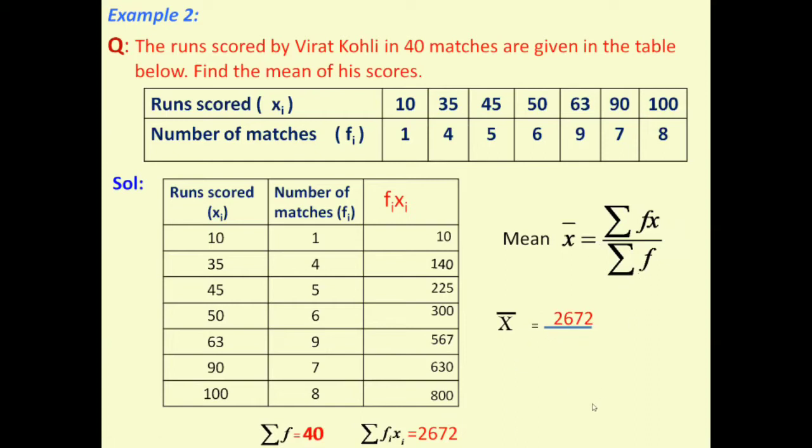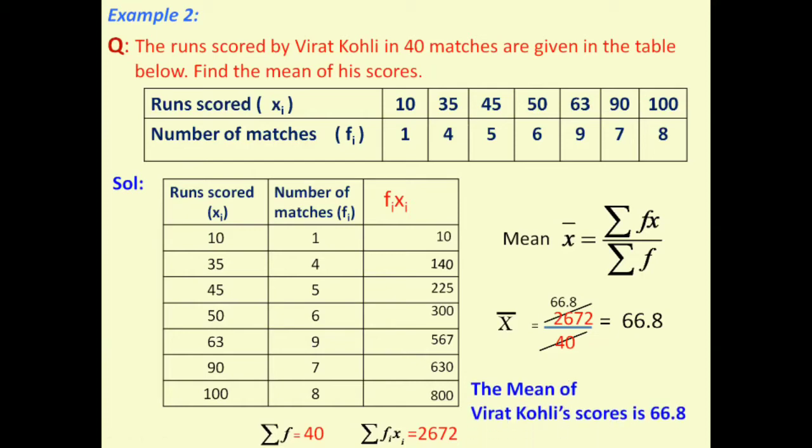Again we have sigma f also, so we bring the value 40 there. Now we have to cancel and simplify these two. By simplifying, what do you get? 66.8. So the mean of Virat Kohli's scores is 66.8.